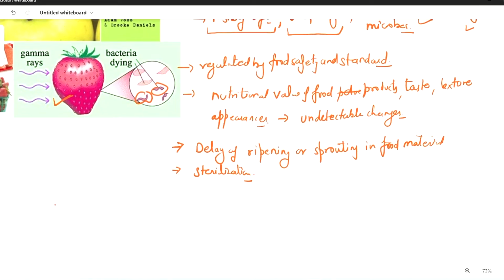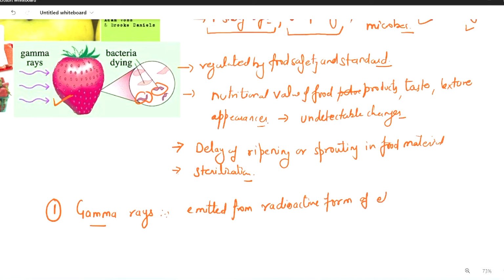For example, number one, the most popular one is called gamma rays. Gamma rays are emitted from a radioactive form of a particular element.